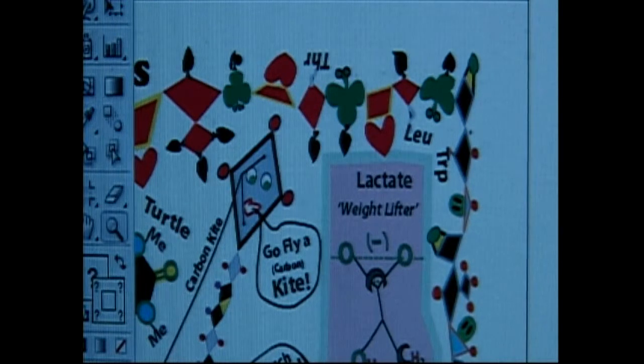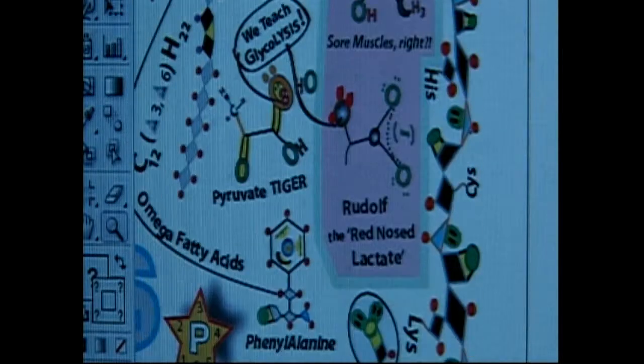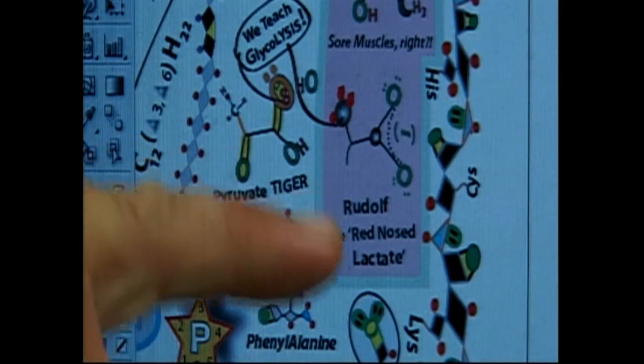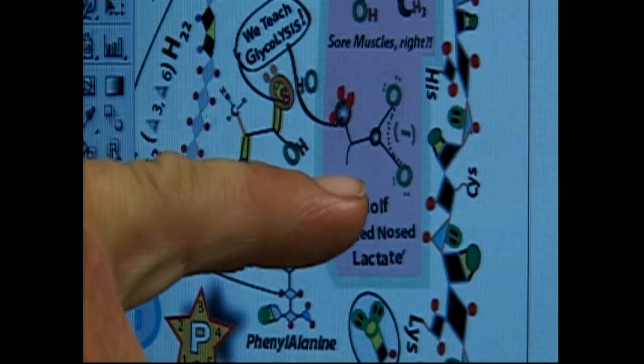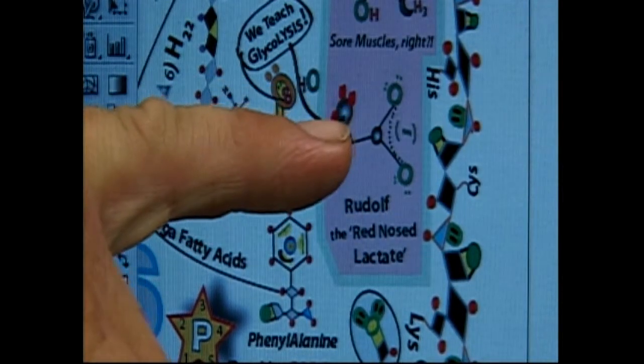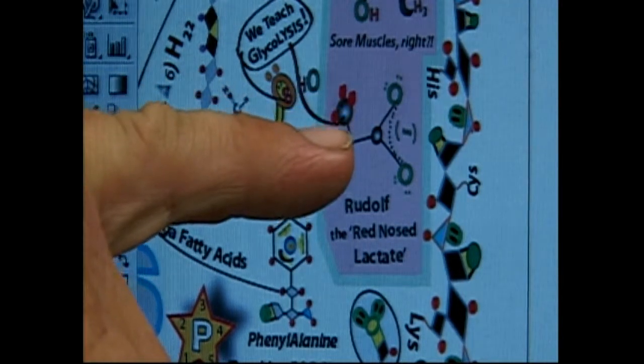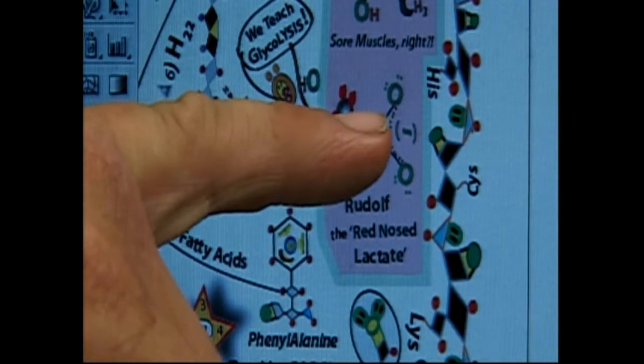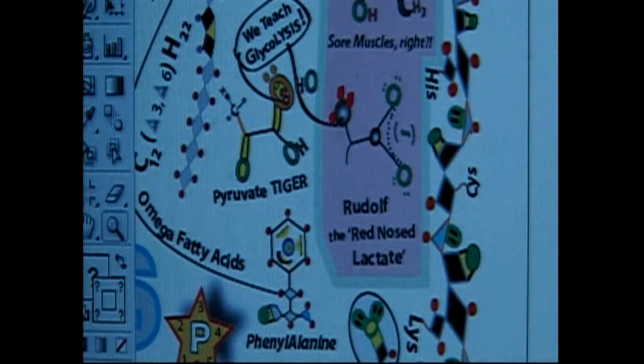Well, then you would have, after an enzymatic reaction, here's Rudolph the red-nosed lactate. See, different ways of drawing it. Here's a methyl, a carbon with 3 hydrogens bound to another carbon, carbon with the carboxylic acid.